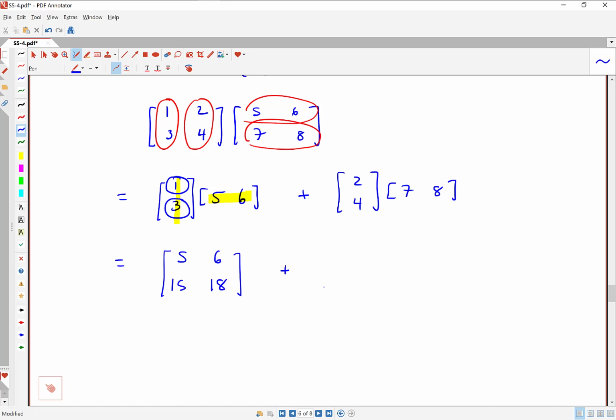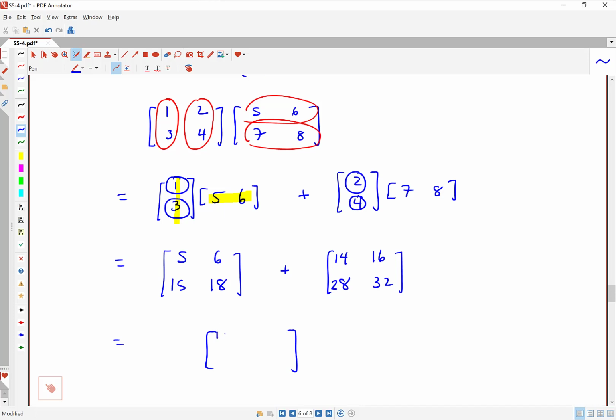And then we're going to add this to, again, a 2 by 2 matrix. So take the number 2, multiply it through that row, you get 14, 16, and then take the number 4, multiply it through that row, you get 28 and 32. Okay, so now it's just a matter of adding these two matrices together.